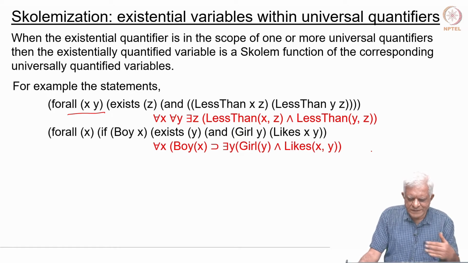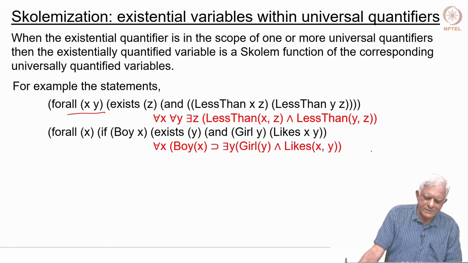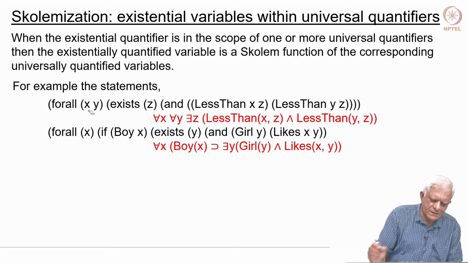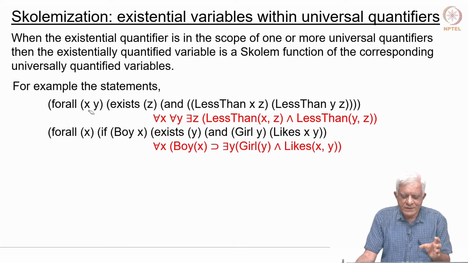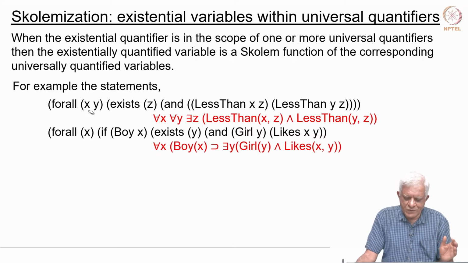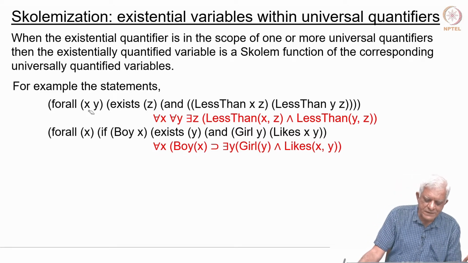So, anyway, in this example on this page, the two sentences both have an existentially quantified variable in the scope of a universally quantified variable.